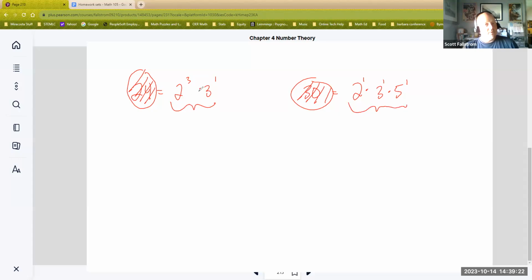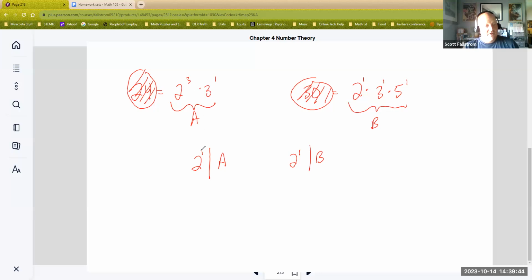So now remember what we talked about in class. If I call this A and this B, I can tell that 2 does divide A and 2 does divide B. And the reason is 2 to the first is less than or equal to the exponent in each of them. So 2 divides A and 2 divides B.